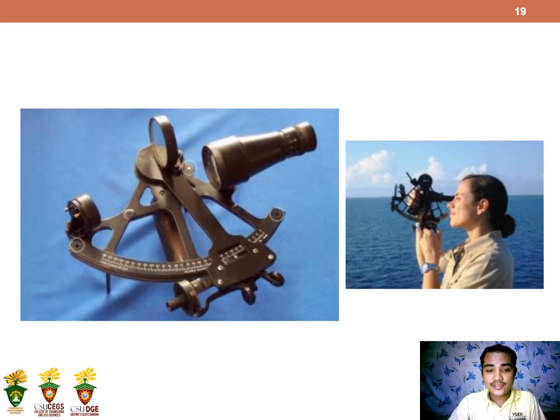So this is the instrument that was used, no, in measuring distances in resection method. So kani siya nga equipment is equipped siya to get the horizontal angles from the horizon, and also mukuha pod siya og vertical angles. So ang tawag ana niyang instrument is sextant.